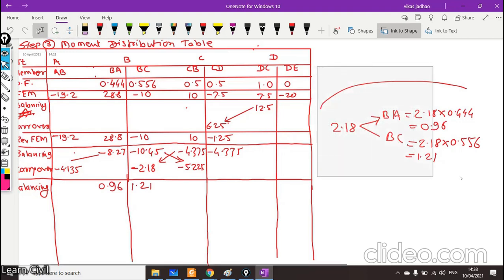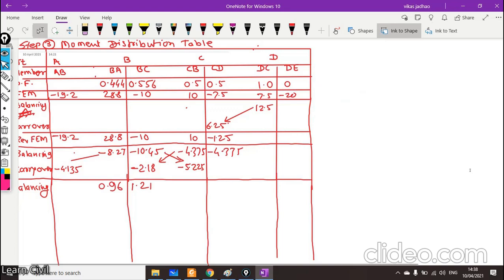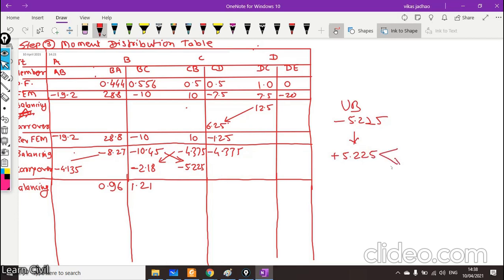Similarly for joint C, we will be having unbalanced moment of minus 5.225. This is unbalanced moment. So we will be applying a balancing moment of plus 5.225. This will be shared by two members, that is CB and CD.